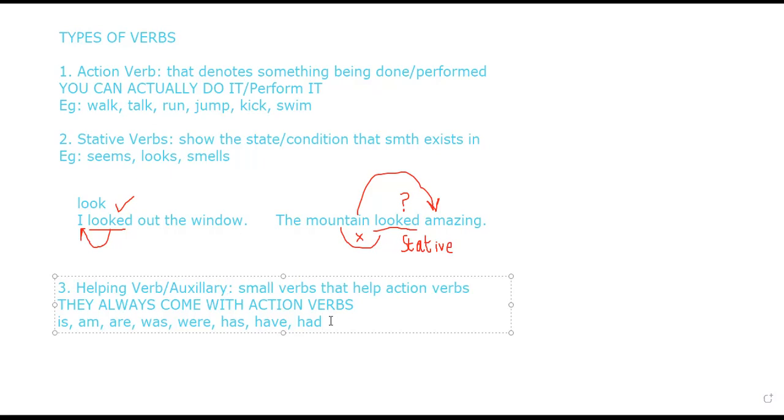Now, another type of verb that we do side by side with helping verbs are, sorry, linking verbs. The reason I'm not giving an example of helping verbs before doing linking verbs is that I'm going to give you the example of both together, the way I did with look, stative, and action.